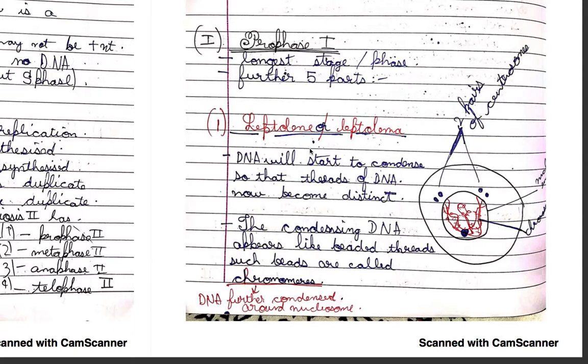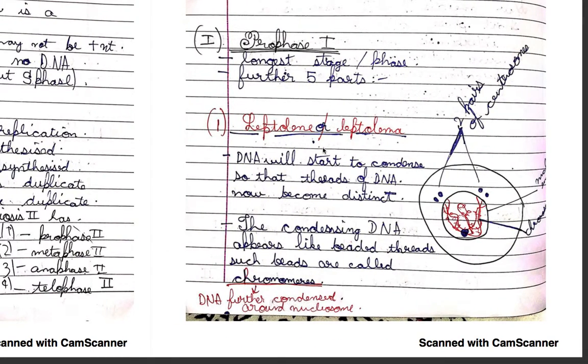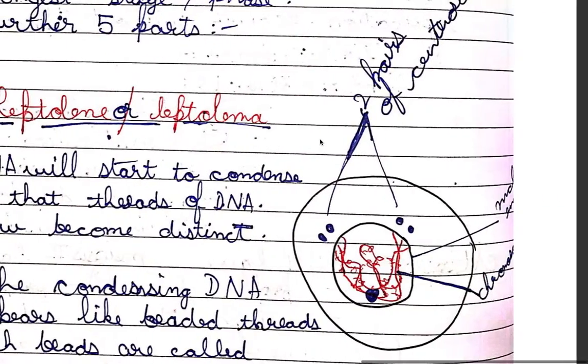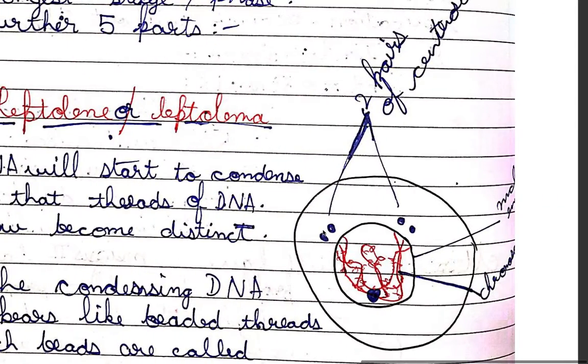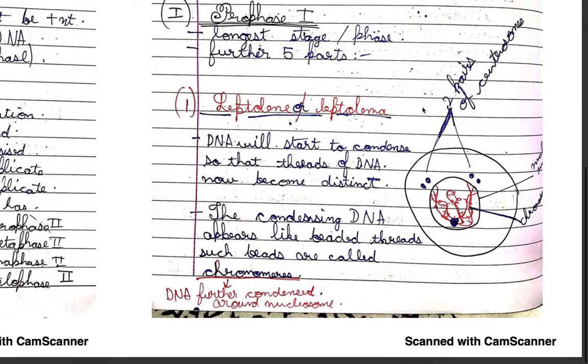Now, the first one is leptotene. DNA starts to condense here, so that the threads of the DNA now become distinct. The special thing is that the condensing DNA appears like beaded threads. Such beads are called chromomeres. DNA further condensed around the nucleosome is called a chromomere.